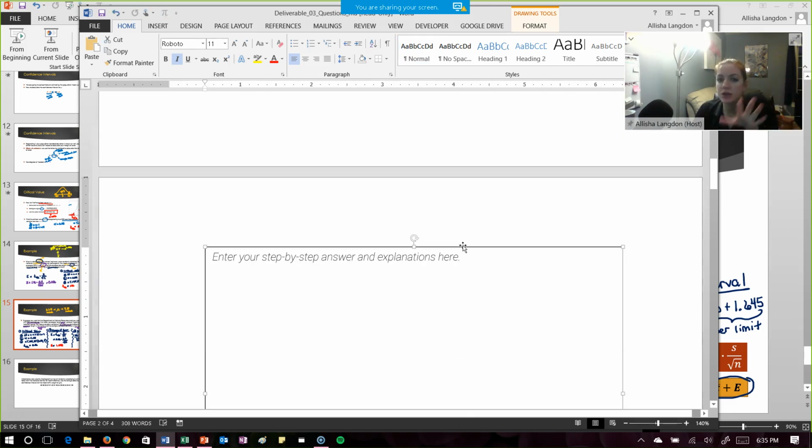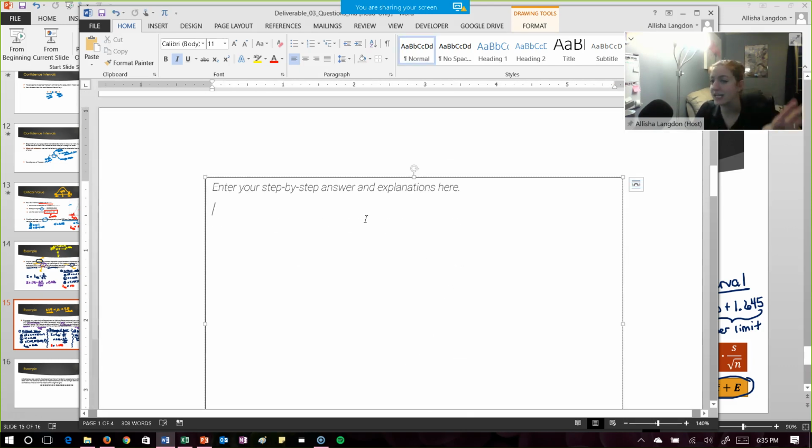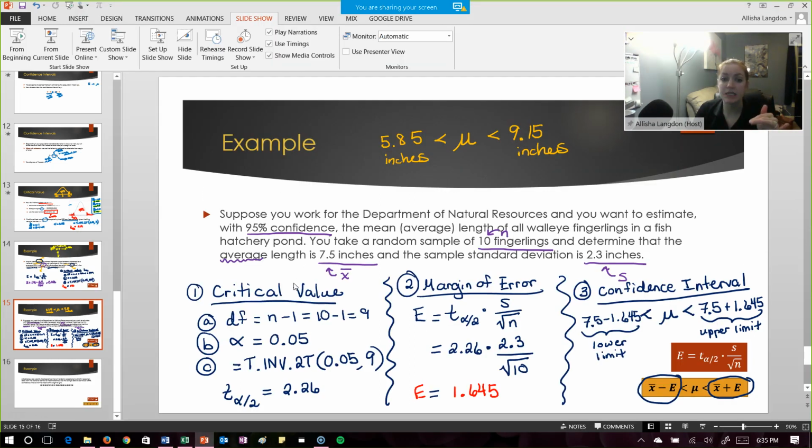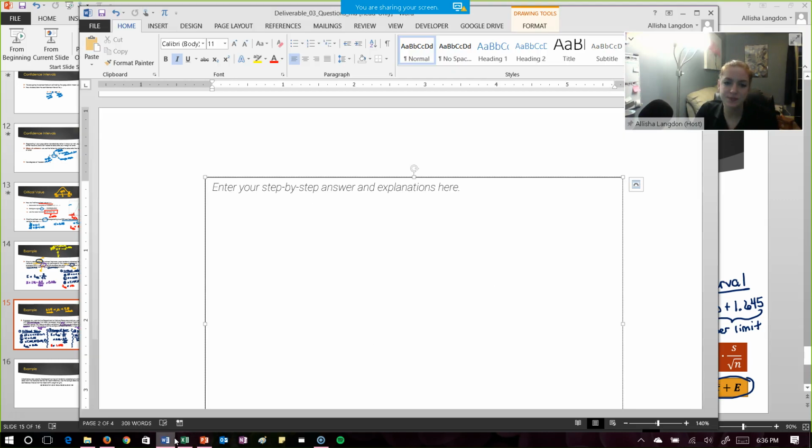You can use the whole page length, whatever you need to do that problem. Maybe break it into those steps that we did. Critical value first, then find your margin of error, then find your confidence interval, and then interpret your confidence interval for the problem. We talked about what this means for those fish. How do we interpret those lengths for the fish?